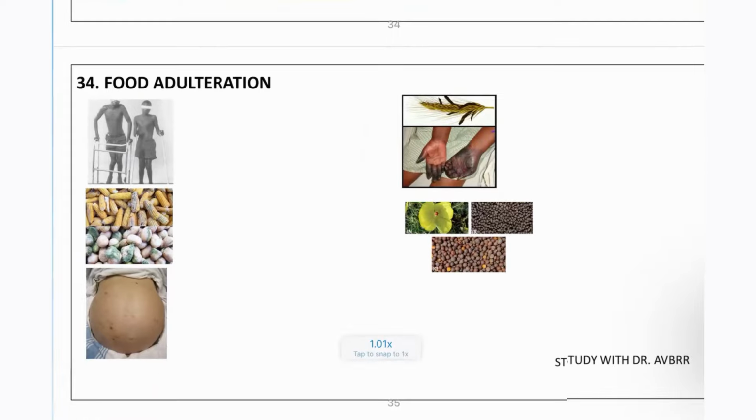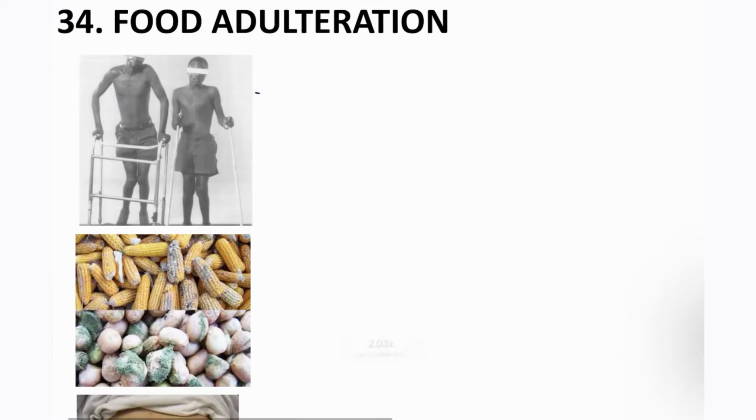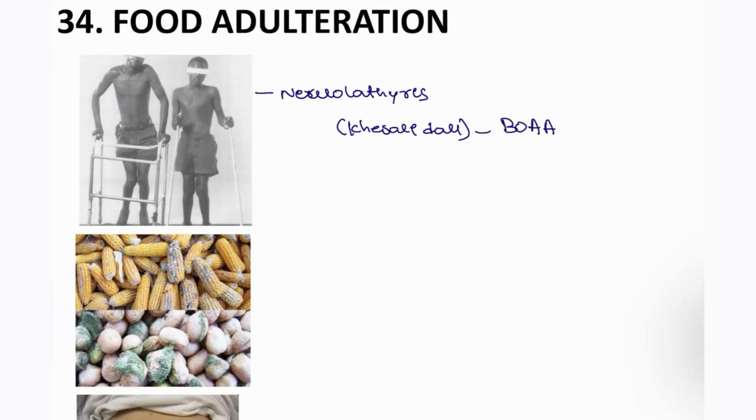Next, food adulteration. So in food adulteration, you have to take note of important points. This condition is due to neurolathyrism, due to kesari dal. So in the kesari dal, what is the particular toxin present? That is BOAA. What is this BOAA? Beta-oxalyl aminoalanine is present here.